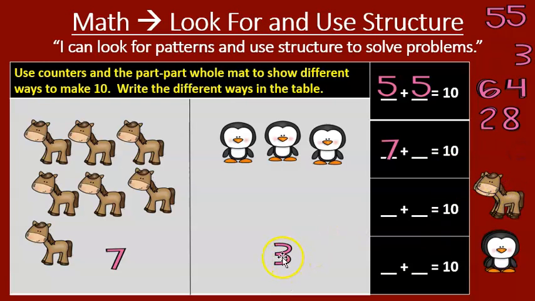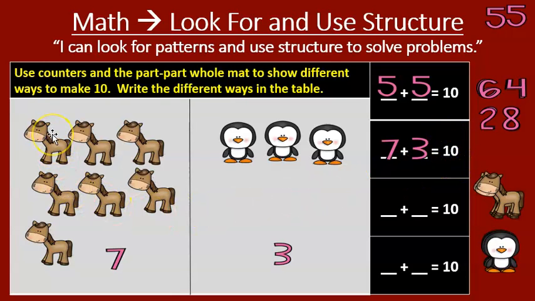Now, since I put 3 here, what number goes here? Good job. 3 is going to go there. Now look, we have our second addition equation complete. 7 plus 3 equals 10.